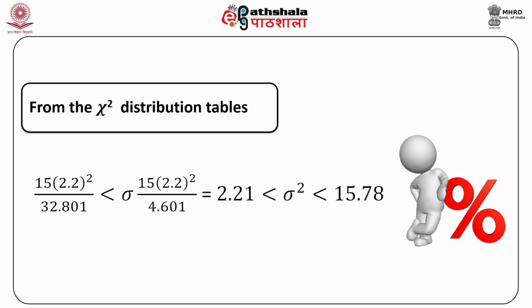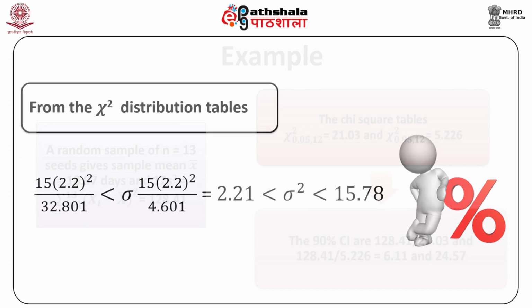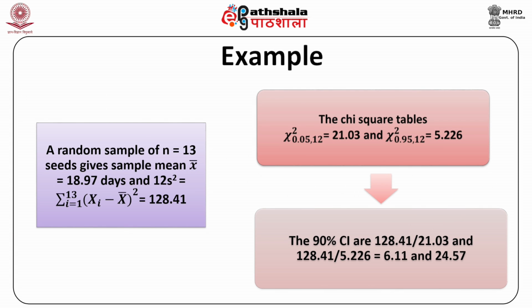Hence, 15 times 2.2 the whole squared divided by 32.801 is less than sigma squared, which is less than 15 times 2.2 squared divided by 4.601, which is equal to 2.21 less than sigma squared less than 15.78.